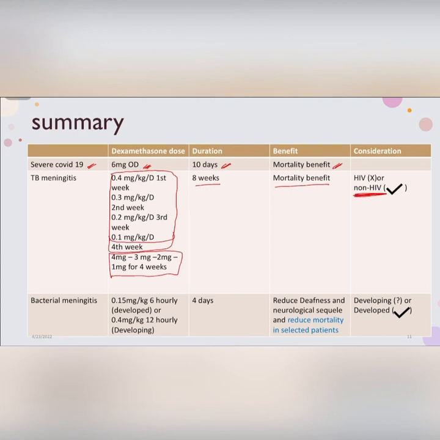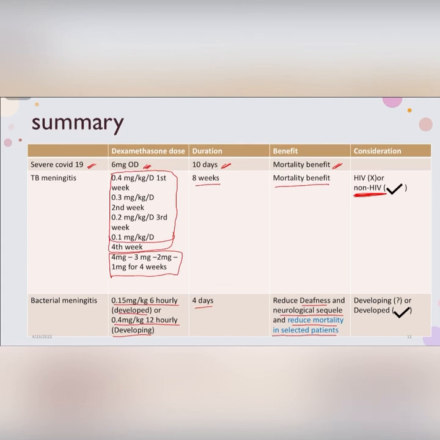For bacterial meningitis, 0.15 milligram per kg 6 hourly is for developed countries. 0.4 milligram per kg 12 hourly is for developing countries. Duration is 4 days. Its benefits are that it can reduce deafness and neurological sequelae, and can reduce mortality in selected patients.